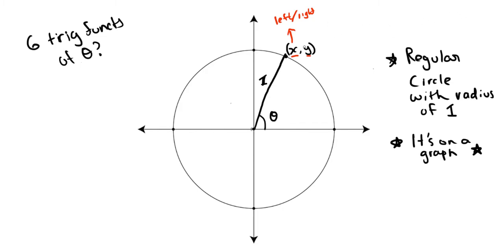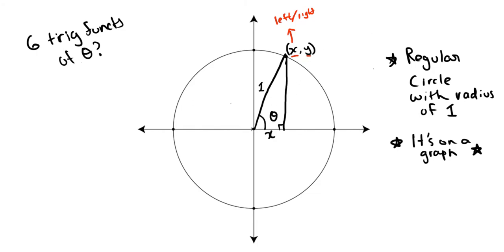So this x coordinate will tell us this side length over here. If we drew a perpendicular line down here, that would tell us this length right here. Okay, let me write that 1 a little bit neater. So that will be 1 and this will be x.